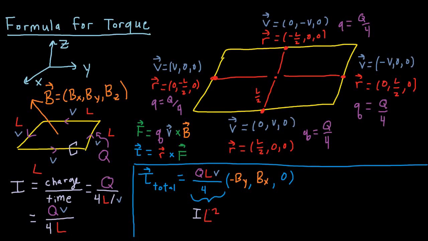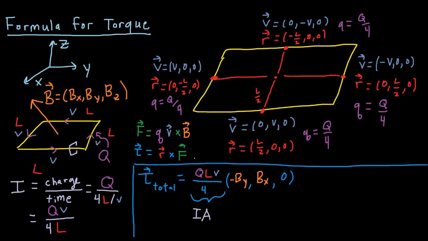But L squared can be written in a different way, because L squared is just the area of this square. Right? The area is just equal to L squared. So instead of writing L squared, I'm going to write A, where A is the area of the square and A is L squared.